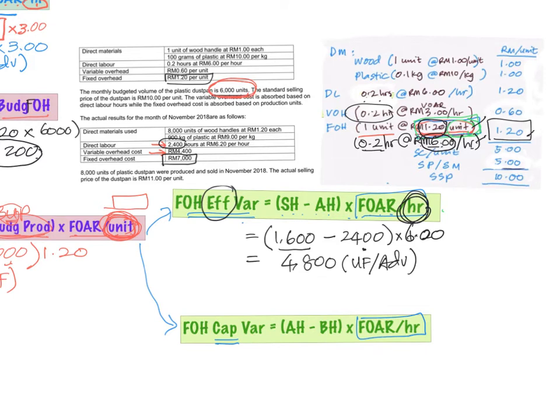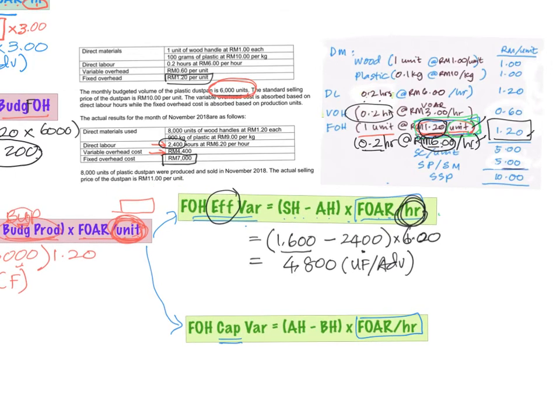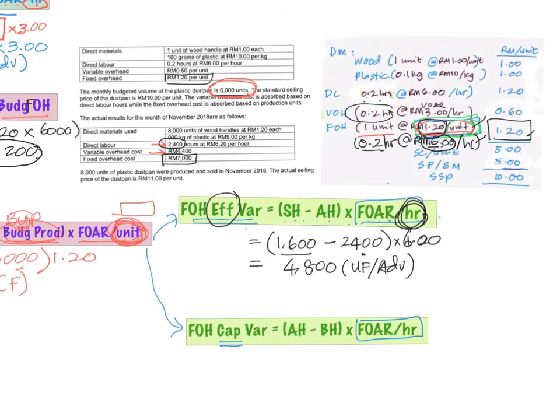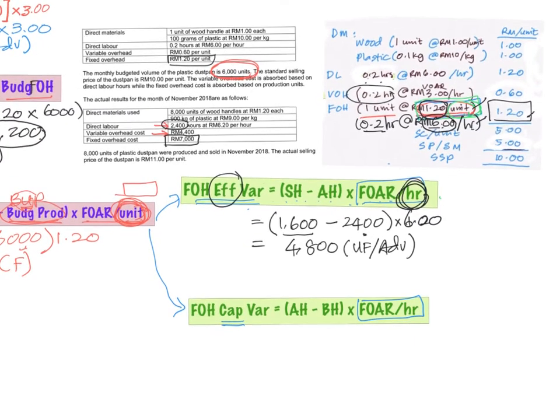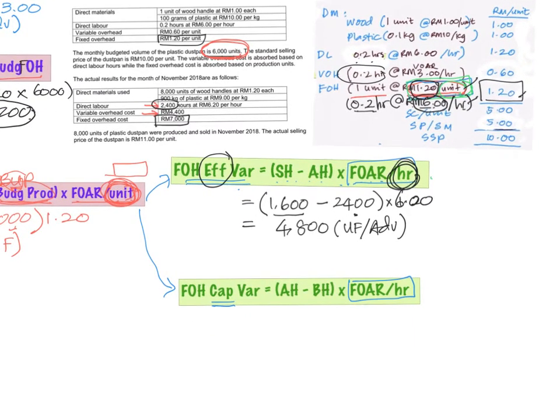Now we want to look further for the fixed overhead capacity variance. How do we calculate the fixed overhead capacity variance? Here the formula is to use the actual hours, which we already know is 2,400, minus the budgeted hours. So far we have not yet calculated the budgeted hours. You can calculate the budgeted hours using the formula of standard hours per unit times the budgeted units produced.